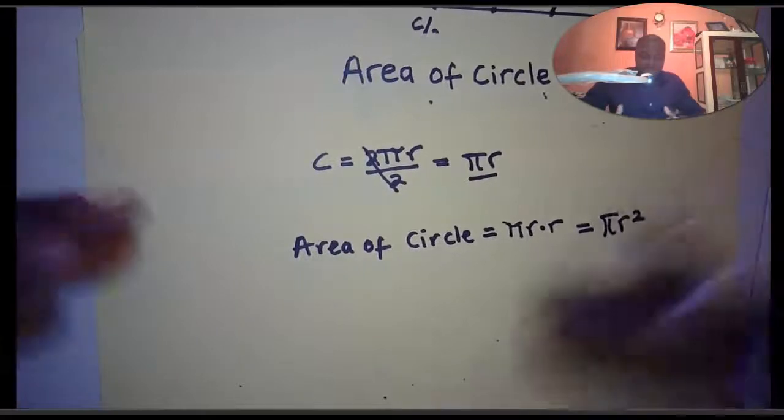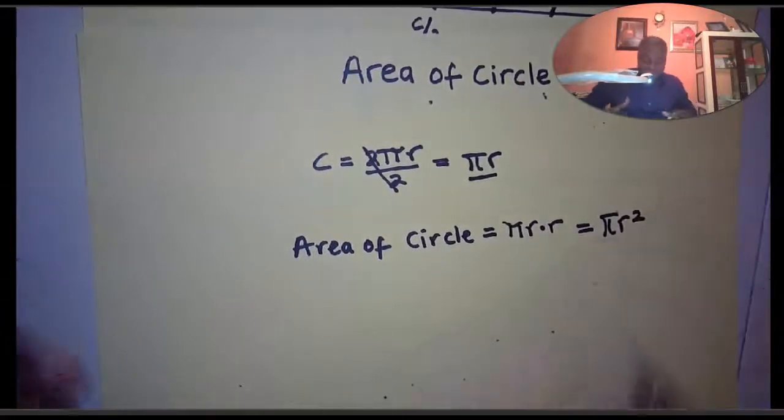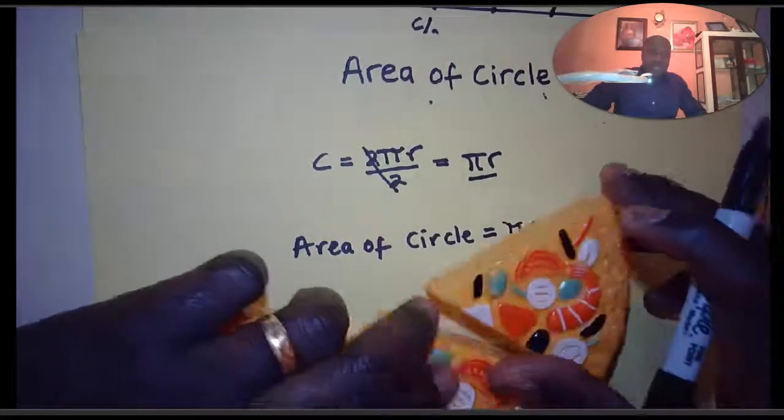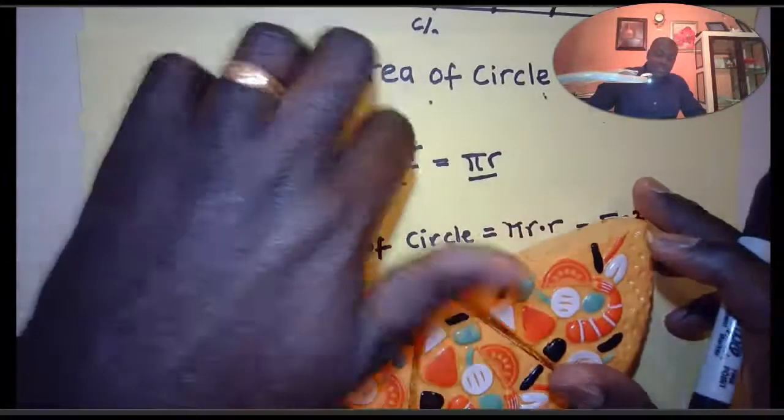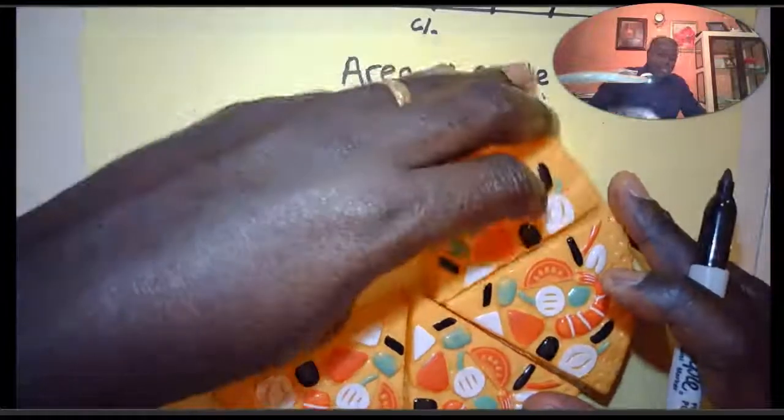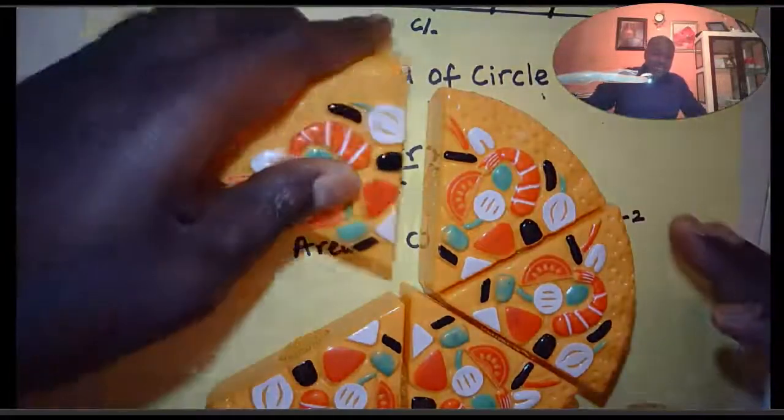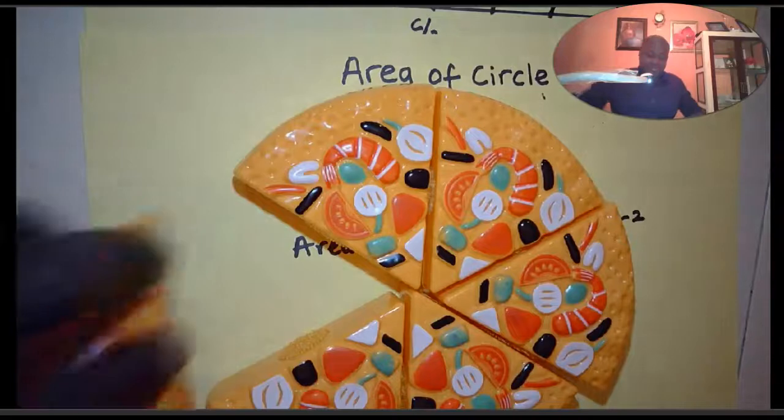So here we have been able to discover with this little pizza, which is a circular shape, that we can deduce and get the area of a circle to be pi r squared.